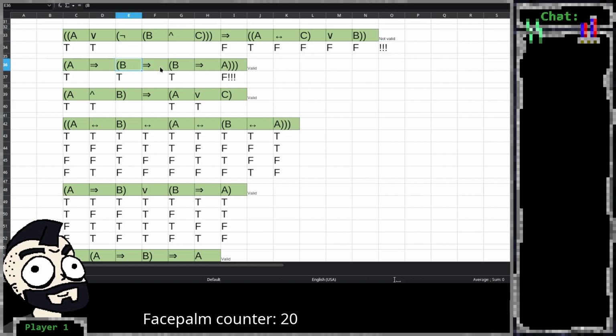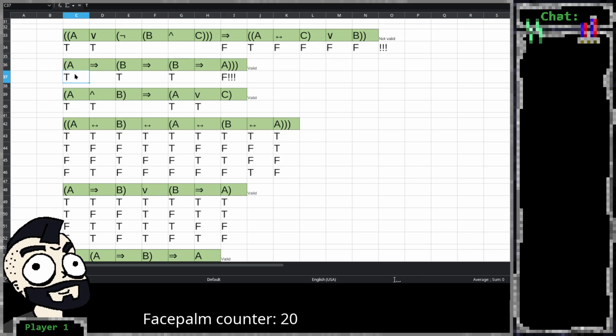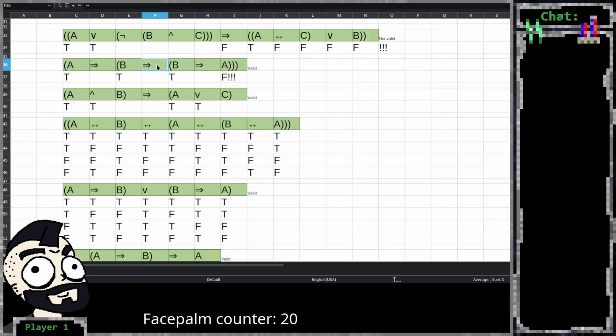A implies that B implies A. Okay? Again, this is the main connective, so I have to make this part true and this part false. So A has to be true. In order for this to be false, I need to assign the antecedent true and the consequent false.